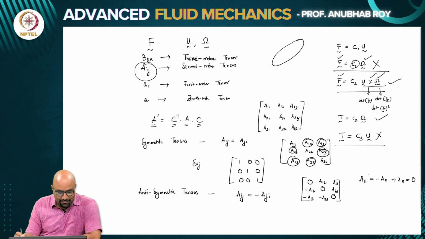So we have classified tensors into symmetric and antisymmetric tensors. Now, just like any matrix need not always be symmetric or antisymmetric, similarly every tensor need not be symmetric or antisymmetric.